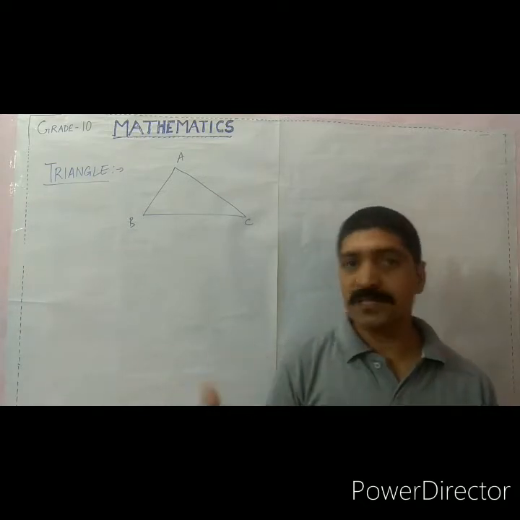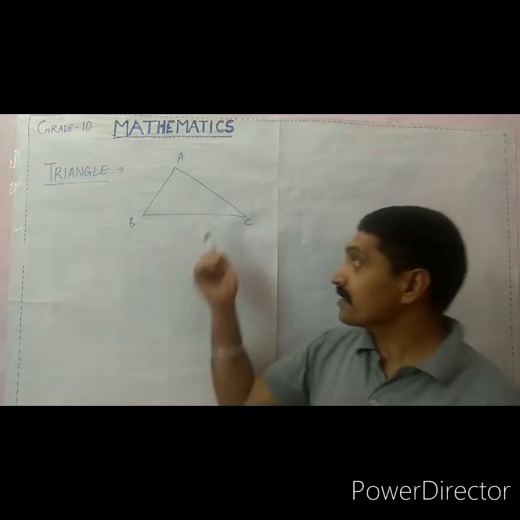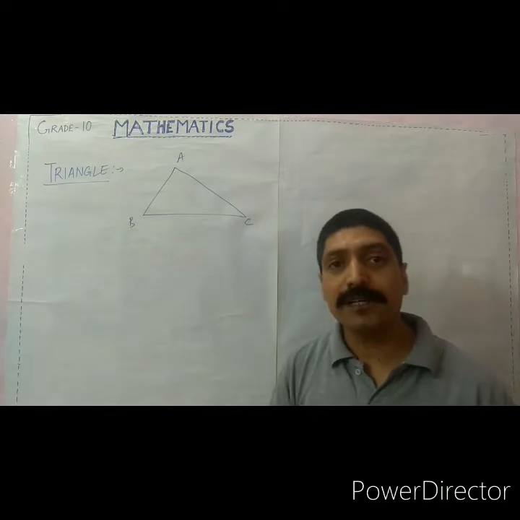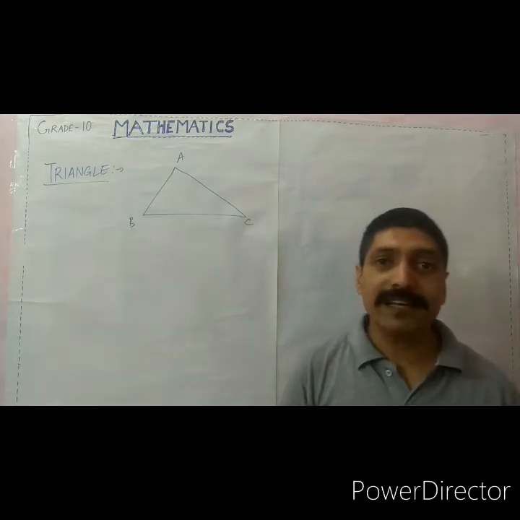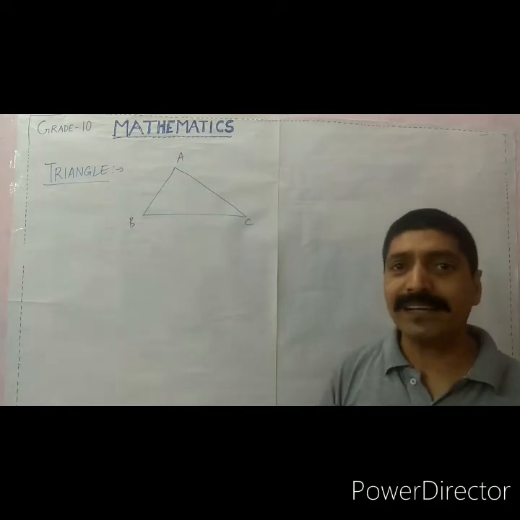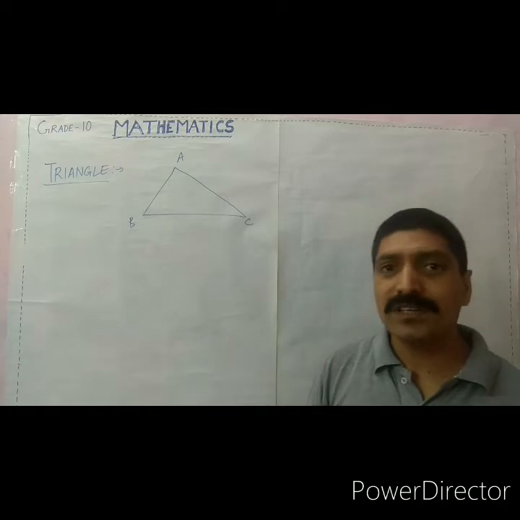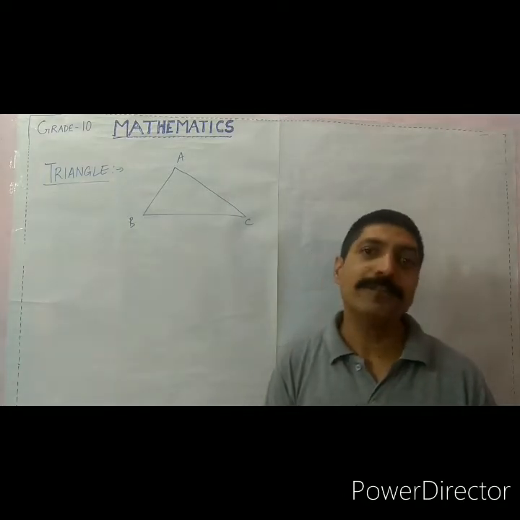Triangles on the basis of angles and on the basis of sides. On the basis of angles, we have acute angle triangle, obtuse angle triangle, right angle triangle, and on the basis of sides, equilateral triangle, scalene triangle, isosceles triangle. So we have so many types of triangles.